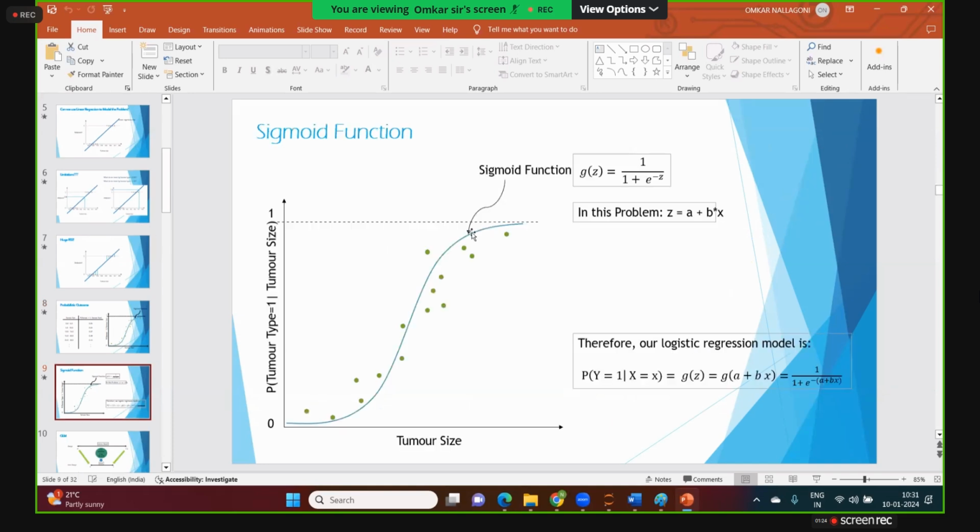Then next, what is the formula? 1 by 1 plus e power minus z. Here z is equal to what? a plus bx. Then the logistic regression model equals 1 by 1 plus e power minus (a plus bx). This is equation number 3.